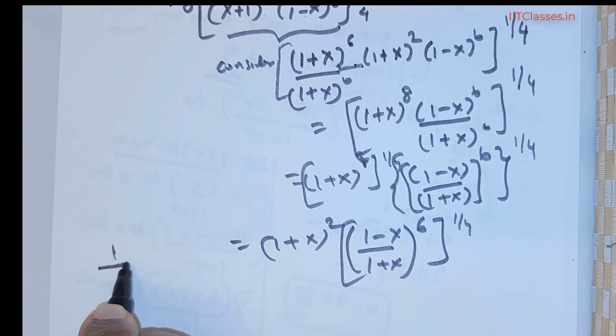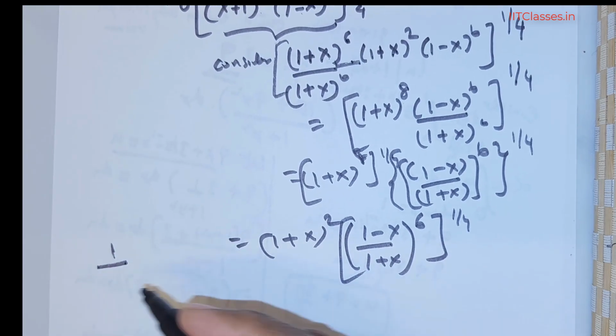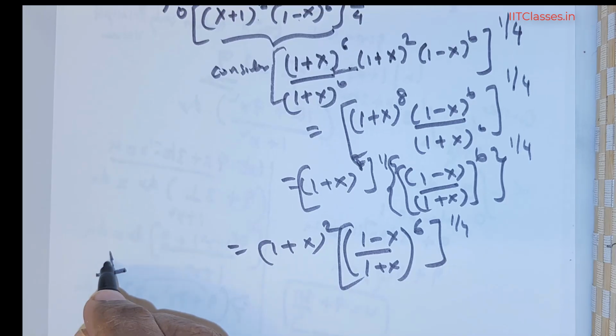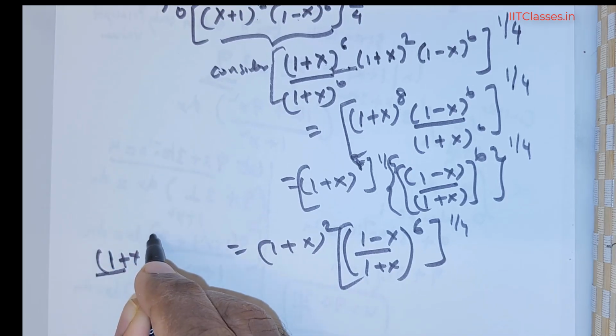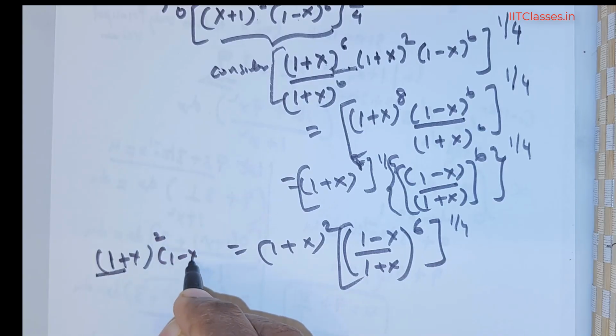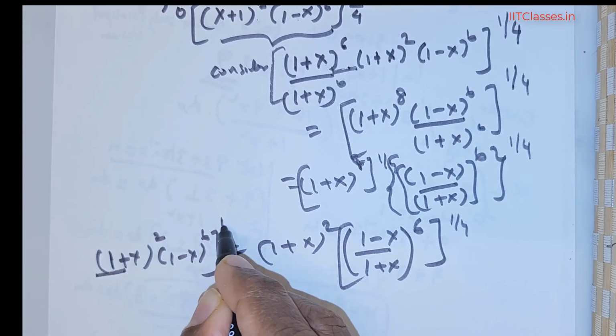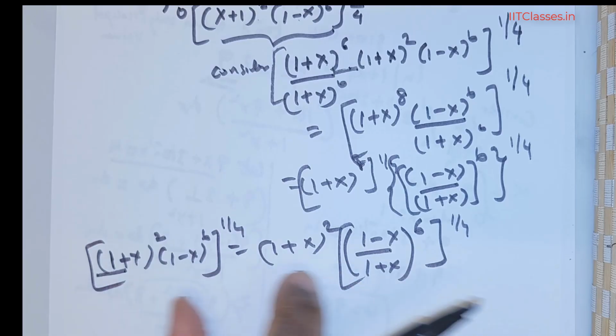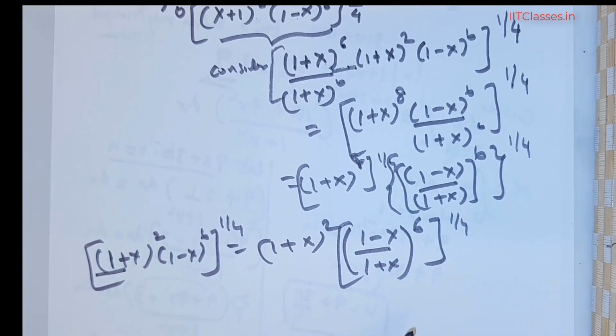In fact, it's sufficient that I start with (1 + x)^2 times (1 − x)^6, this entire thing raised to the power of 1/4. So this is being rewritten like this.